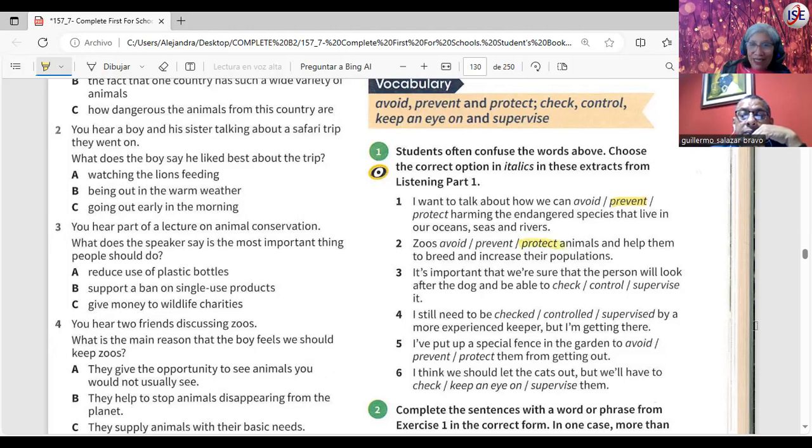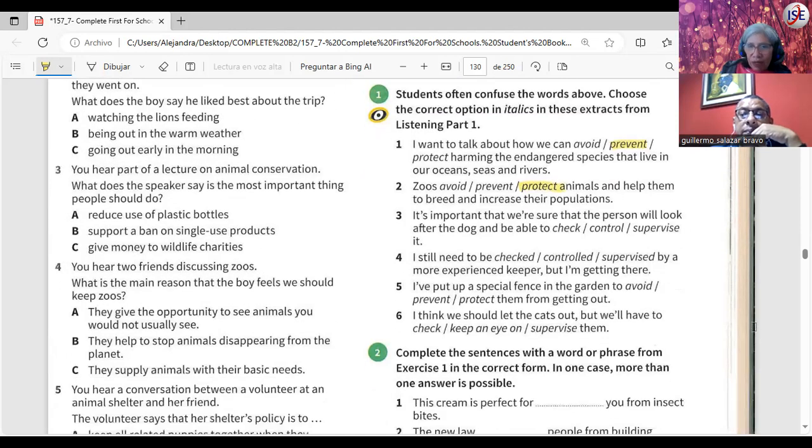Prevent harm, anticipate harm. It's important we are sure that the person will look after the dog and be able to check, control, or supervise it. Can you supervise a dog? In this case, control it.